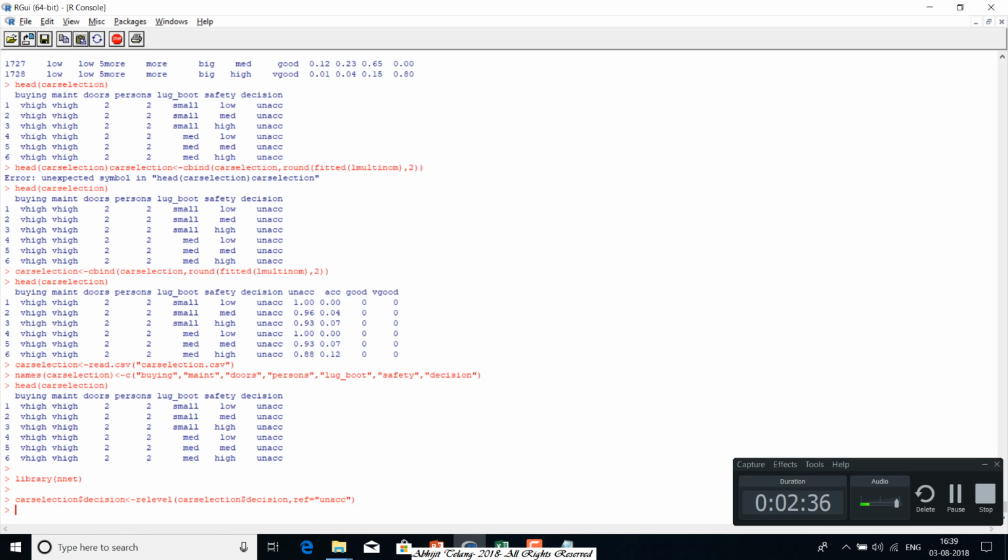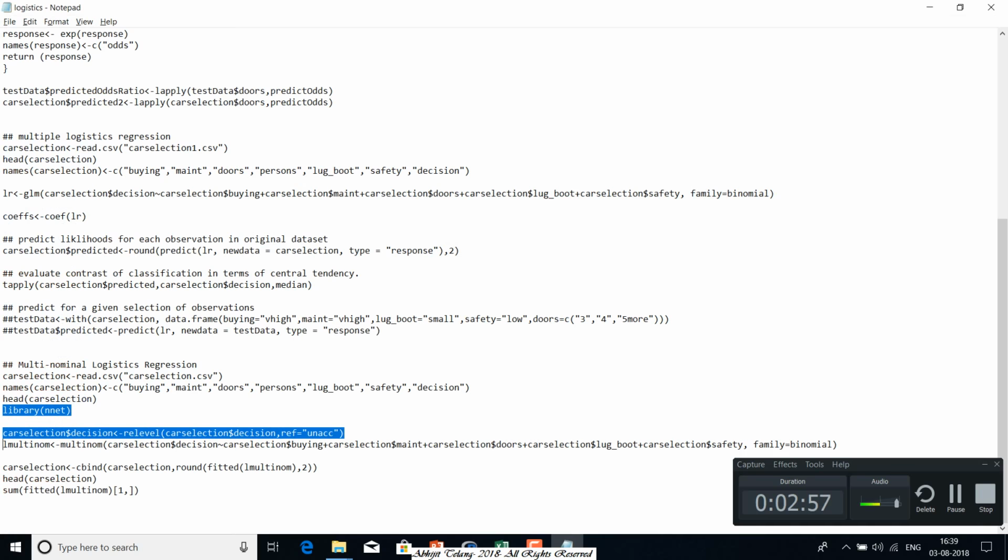So the model would learn in a specific order, starting with the base choice as unacceptable, and all other evaluations would be in relative contrast to this base decision choice.